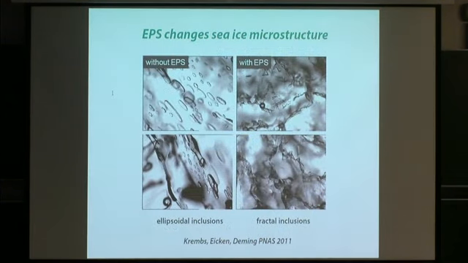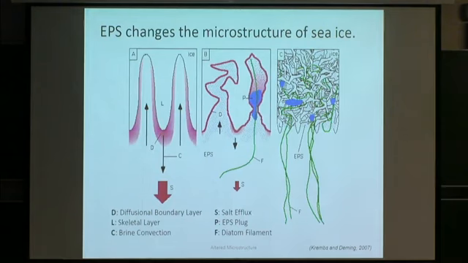However, the presence of EPS changes the brine microstructure. And here you see all these fractally messed up inclusions due to the presence of this algal goop. And I know there's some really interesting mathematics as to how this is the normal situation. It's basically how salt is flowing in and out of those dendritic structures, and how EPS messes all that up.